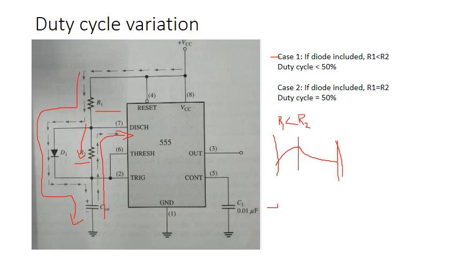So you get output like this. This is the on time and this is your off time. So duty cycle is less than 50%. Second case is duty cycle equal to 50%.